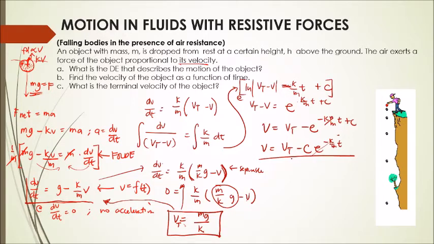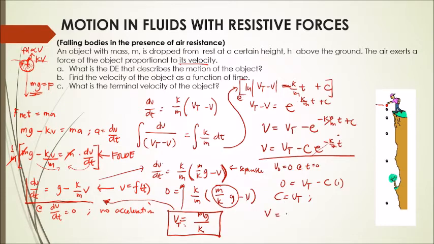So let's find c first, knowing that the initial velocity is equal to 0, because it is at rest up here. There is no velocity yet at time equal to 0. At time equal to 0, v is 0, so vt minus c times e to the 0 equals 0. This becomes just 1. So obviously we have c equal to vt. So we rewrite the equation using the new value of c.